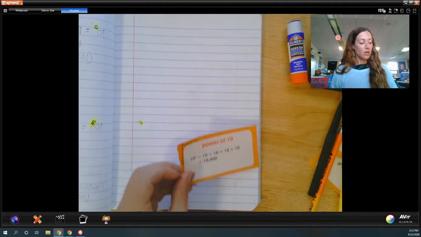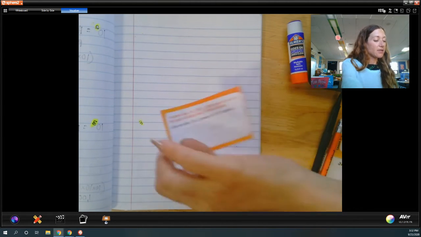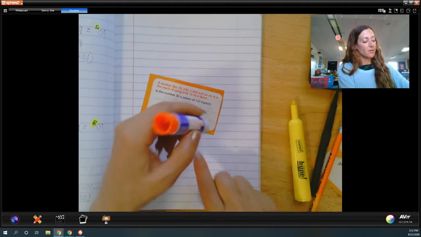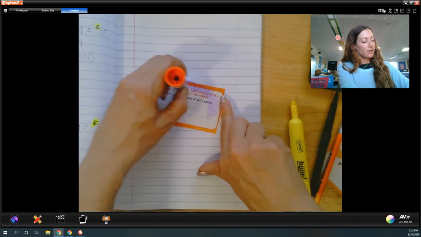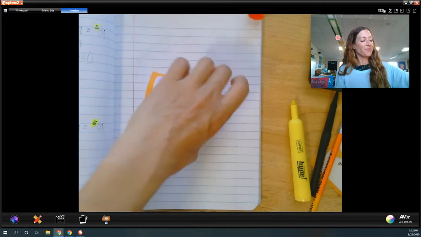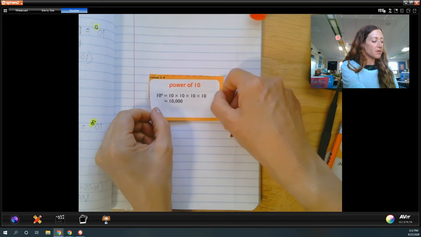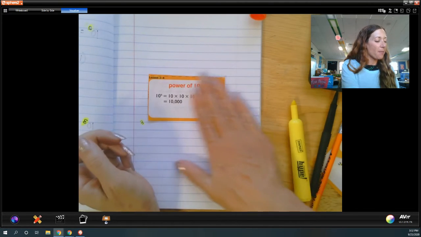The power of 10. 10 is always a great base unit because it helps us with fractions, place value, the metric system, and exponents. I keep wanting to use my highlighter as my glue stick. It's Friday. Since I already have a little glue there, I'm going to put this right here. So now we're going to talk about powers.